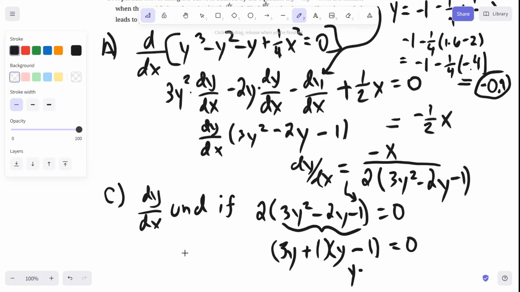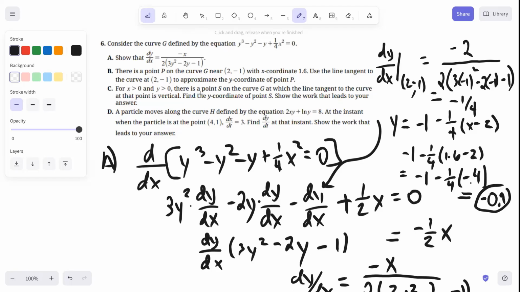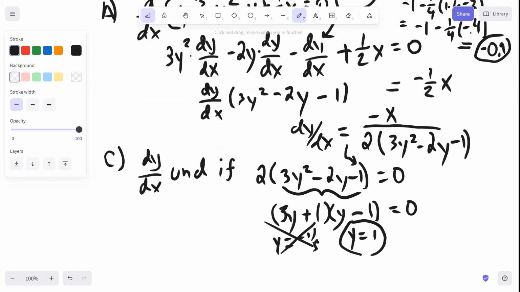So we would have y equals 1 here, and this would give us y equals -1/3, but we can eliminate that because the problem said that both x and y have to be greater than 0. So we have our y coordinate of 1.